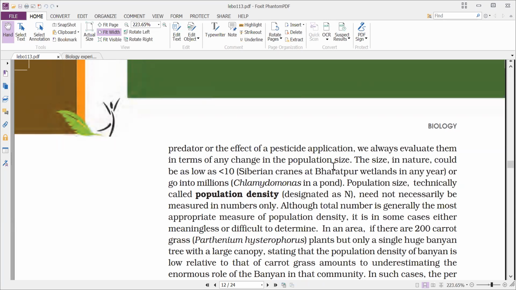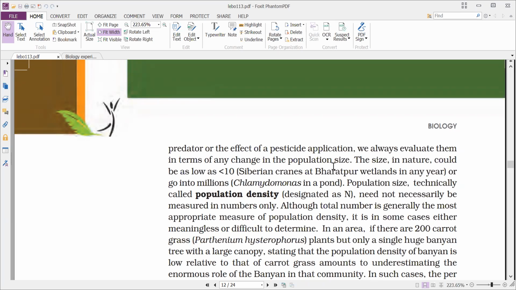So population size is technically called population density, which is designated as N, capital N, and need not necessarily be measured in numbers only. Population density is not always measured as a number.